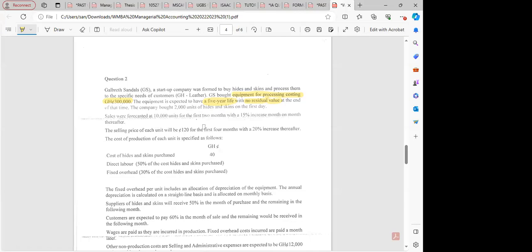Okay, so let's read it again. This is the question. Okay, it's 2, sorry. It's rather the selling price, which was given as 120 for the first 4 months. Okay, yes, it's 2. So let's continue.